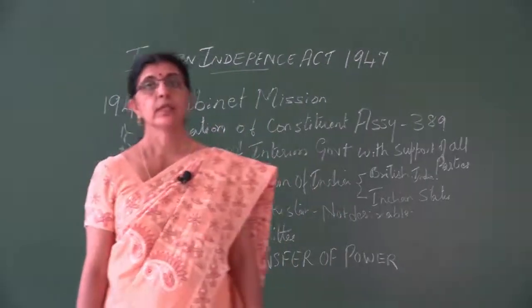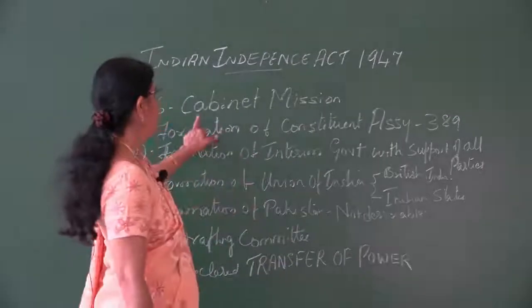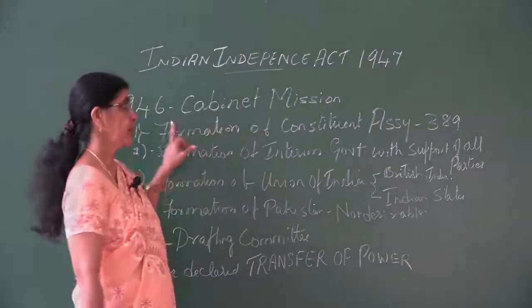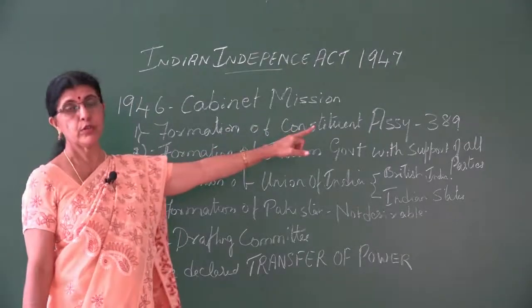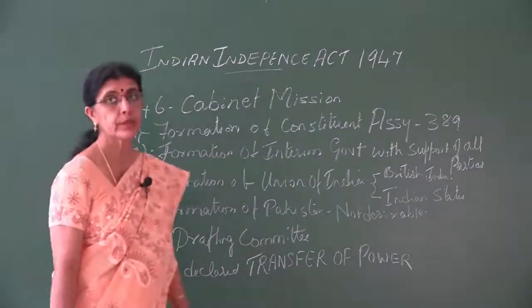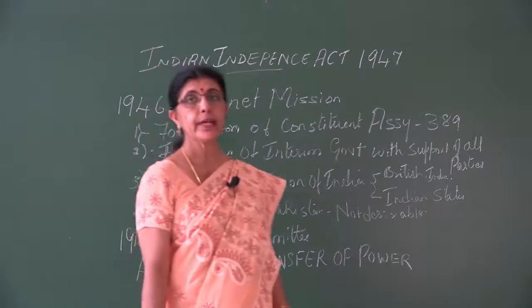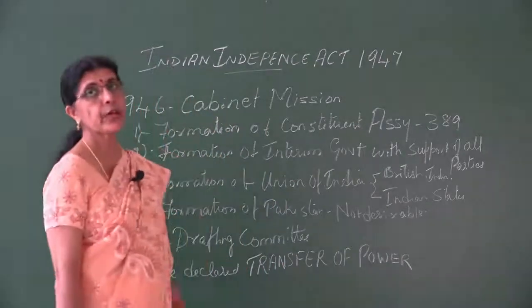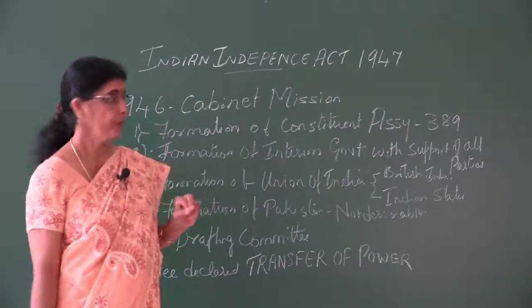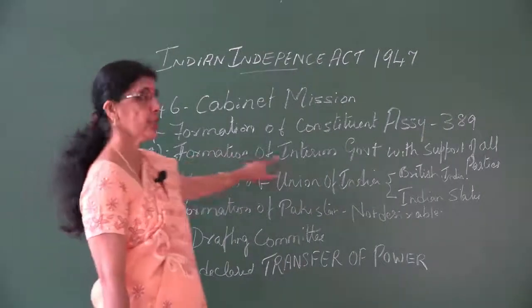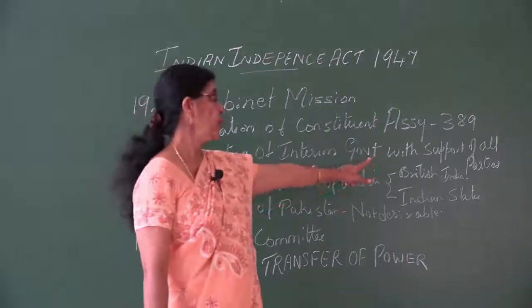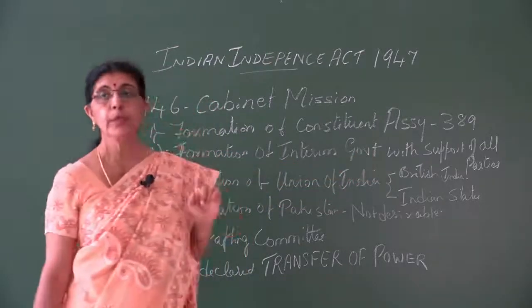They sent the cabinet mission. That is, they proposed the formation of a constituent assembly with 389 members. Another thing they suggested was formation of an interim government with support of all the political parties.